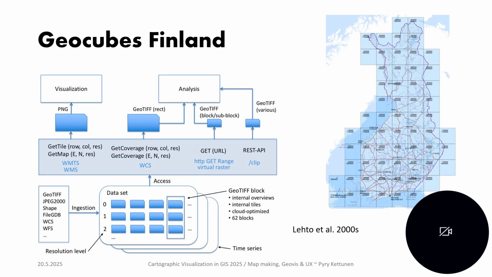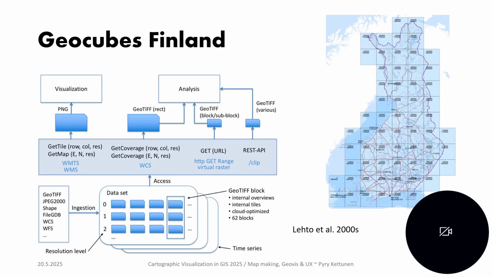It's a system that allows searching for the map images through such open geospatial consortiums services as web map tile service, web map service, web coverage service, and such technical APIs that can then provide map images of different forms to the web browser, and so that those can be shown in our interactive web maps.